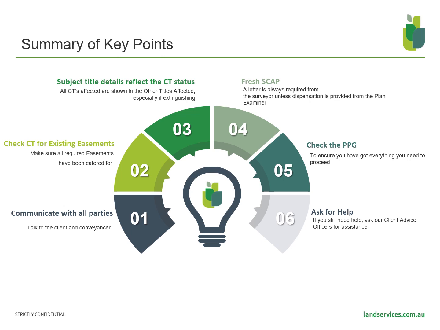The PPG sets out requirements for fresh SCAP. A letter is always required from the surveyor unless dispensation has been provided from the plan examiner. Please check the PPG to ensure you have covered everything. And please contact the Client Advice Officer at Land Services SA if you require any further information.